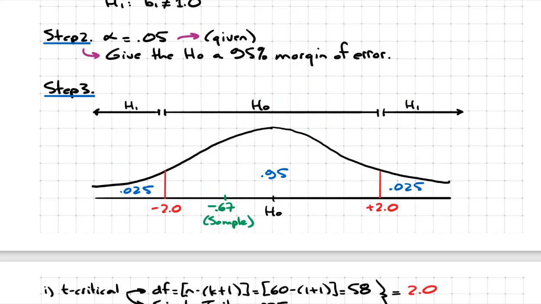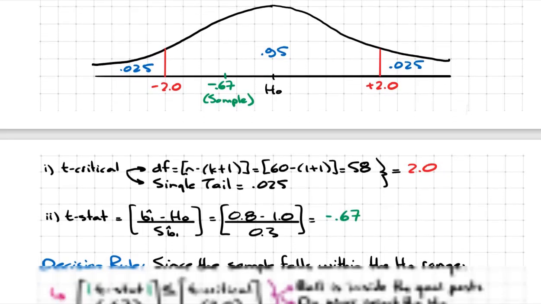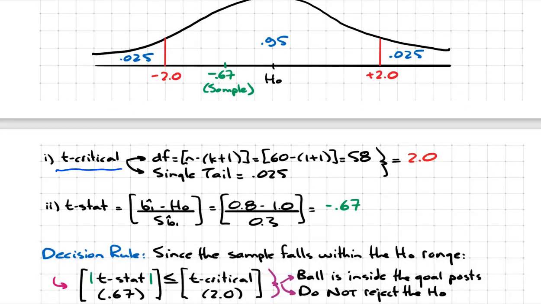Now, I'm using words like goalposts and ball, but in quantitative analysis terms, the goalposts are referred to as t-critical values. To find those t-critical values, we have to specify the degrees of freedom and the single tail area.